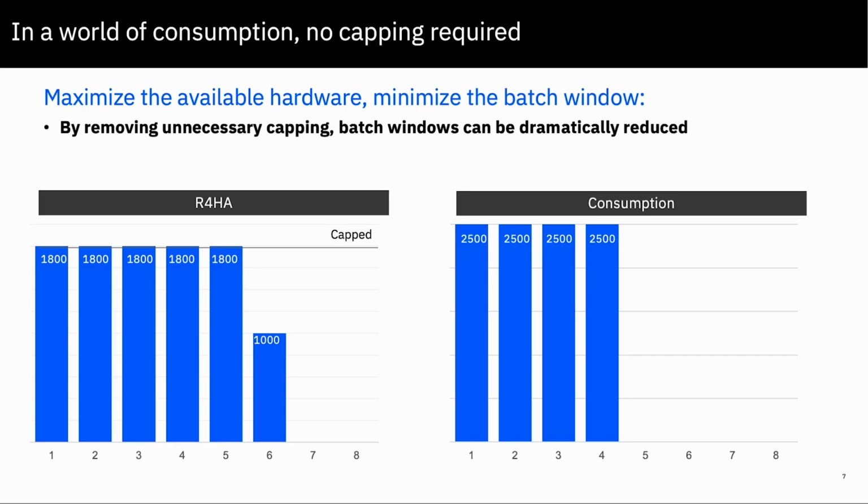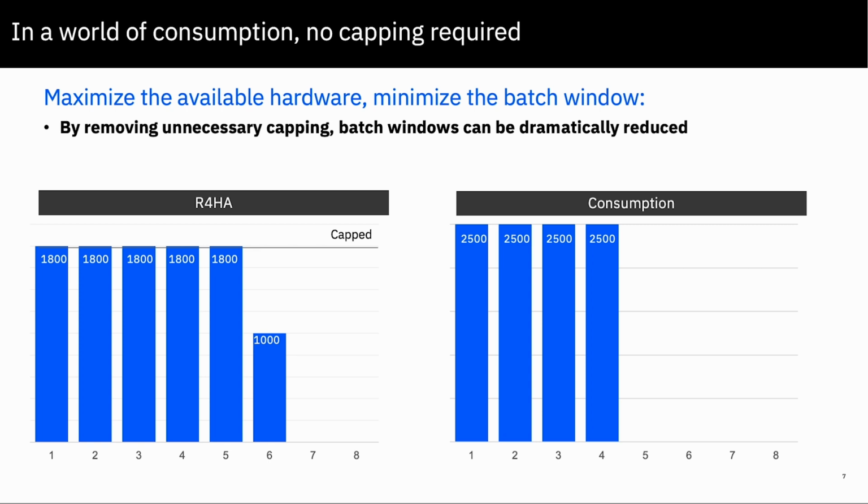So I talk about capping, and yes, this is one of the main things about tailor-fit pricing. When you're talking consumption, there's no capping required. So let us take a look at an example here. As you can see, what we represented here is a 10,000 MSUs batch workload. Now, without tailor-fit pricing, customers are invariably running in a capped environment.